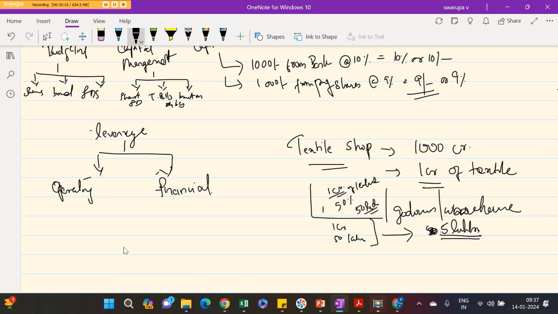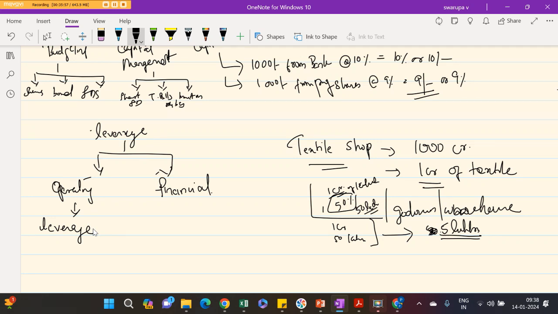So operating leverage means maximizing the utilization of all fixed expenses so as to increase your profit. So instead of storing 50 lakh of material, I should aim at storing 1 crore of textiles in order to ensure that I am using my fixed cost expenses to the maximum, thus ensuring an operating leverage.